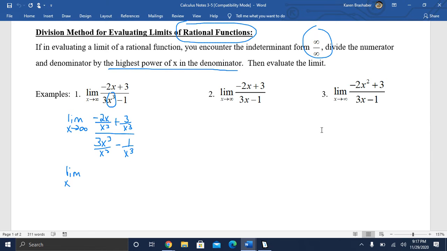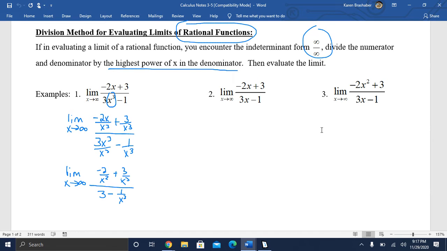So the limit as x approaches infinity, and so we get negative 2 over x squared plus 3 over x to the third. And in the denominator, we have 3 minus 1 over x to the third.